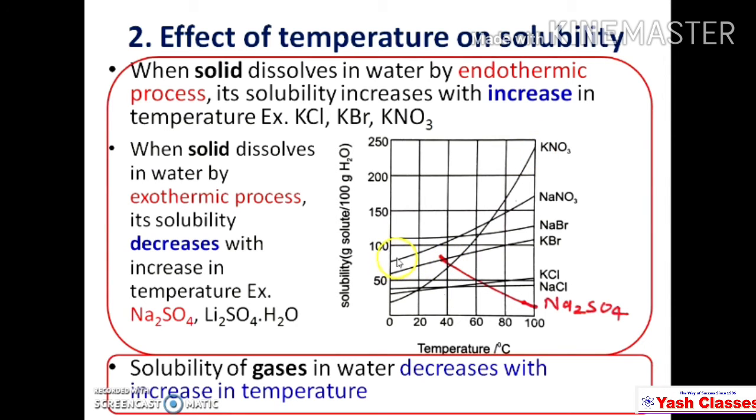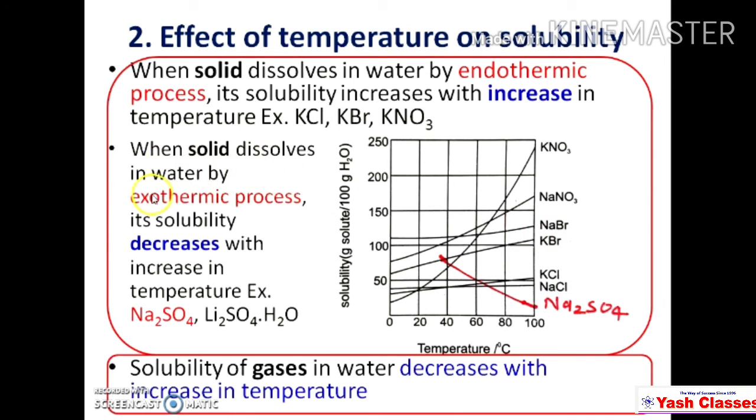Similarly, for sodium nitrate, solubility increases with increase in temperature. Same is for sodium bromide. Then for potassium bromide and potassium chloride, there is a slight increase in solubility with increase in temperature. So for these solids, that is KNO3, NaNO3, KBr, KCl, NaCl, solubility increases with increase in temperature.